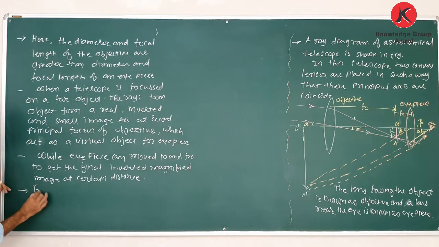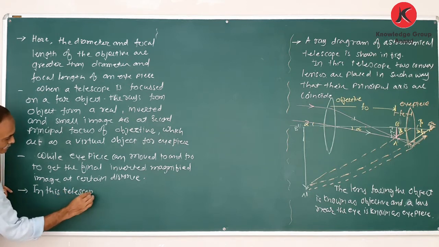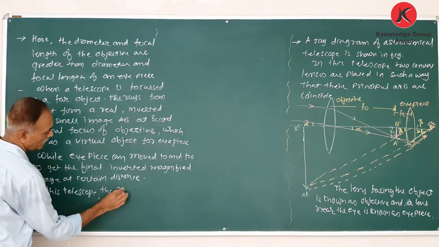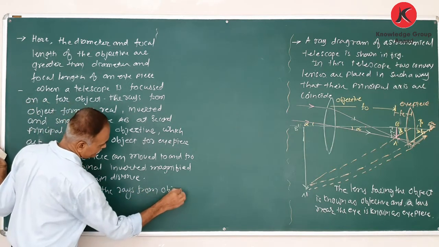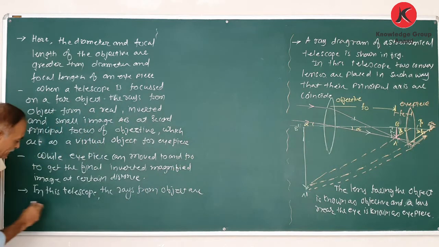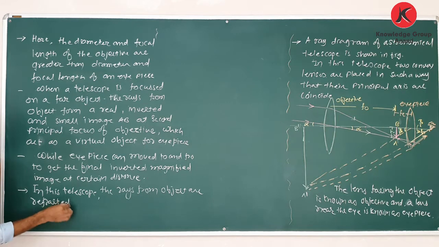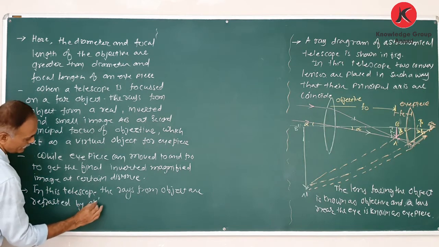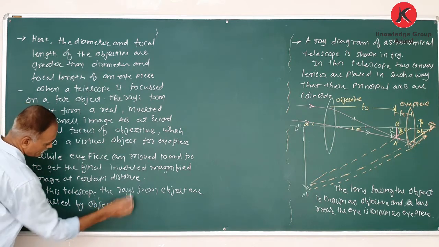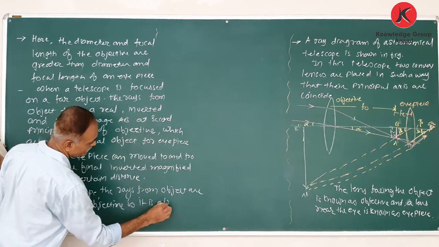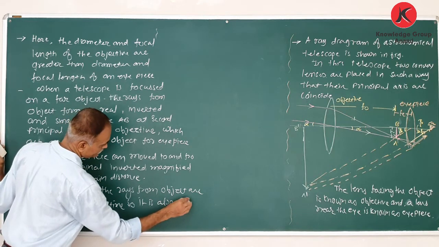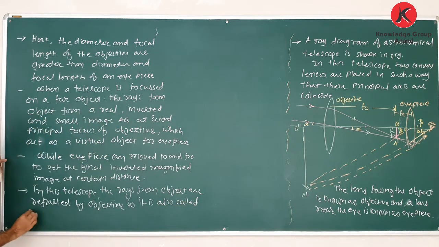In the other type of telescope, the rays from the object are reflected by the objective, so it is also called a reflecting telescope.